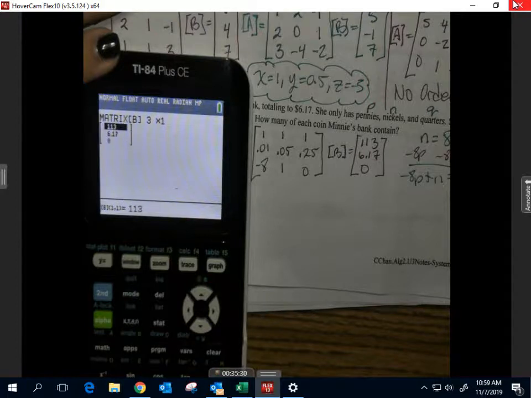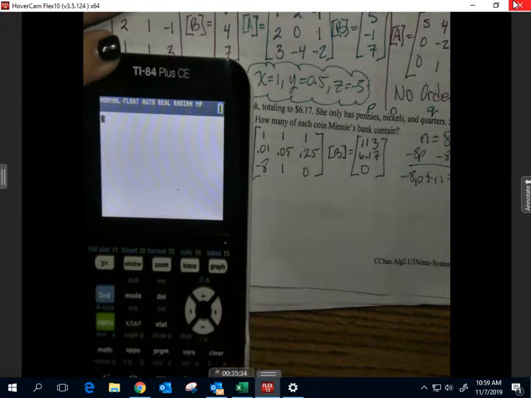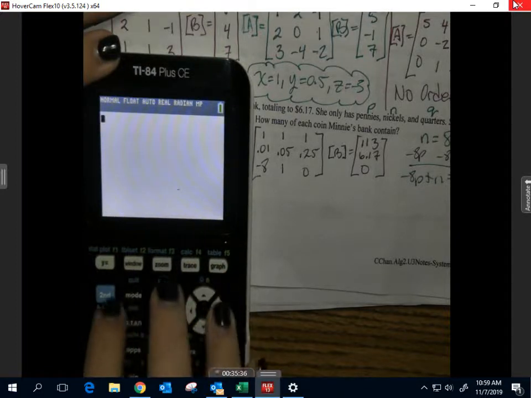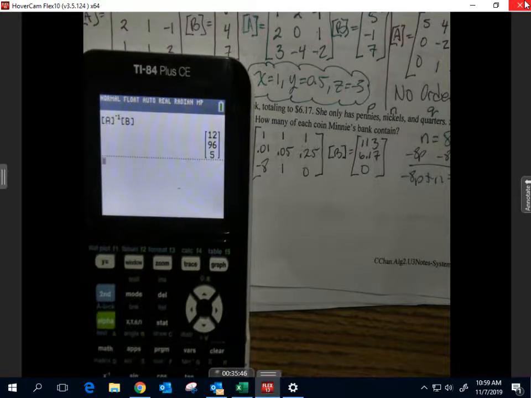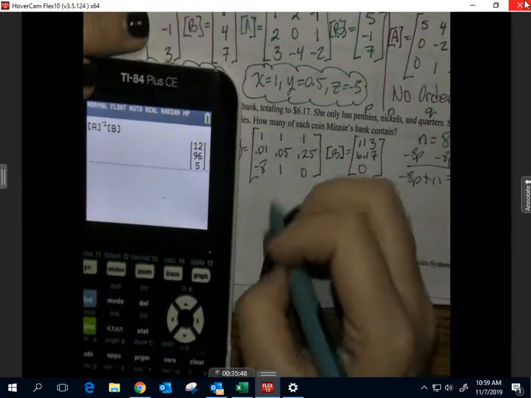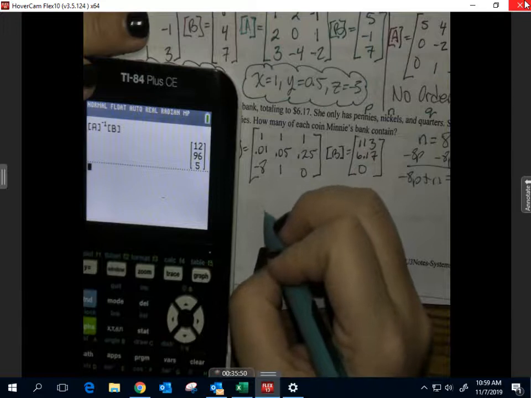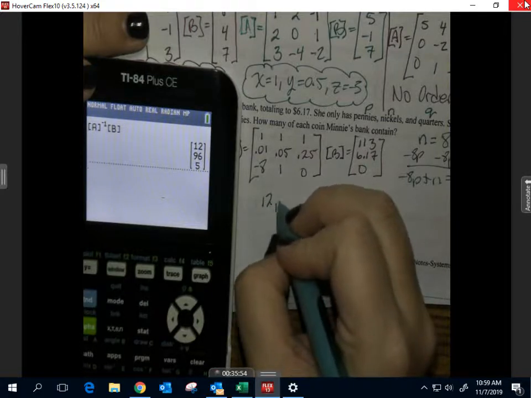Alright, so I have my 2 matrices made. Second mode, I'm going to hit second matrix 1, inverse, second matrix 2, enter. So, I have how many pennies? 12 pennies.